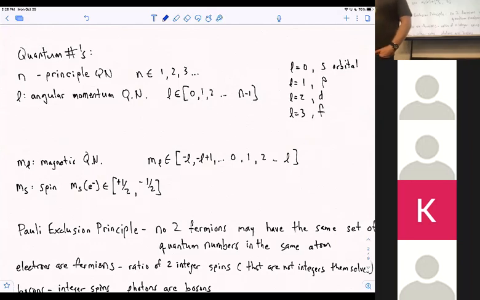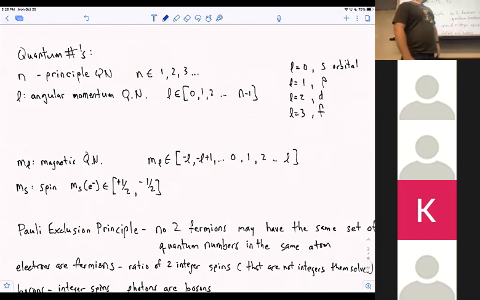Okay, now we're going to move on to the magnetic quantum number. The magnetic quantum number exists in integers of L. So it can be minus L, plus 1, up through 0, then integer steps up to L. I'll start showing you some diagrams.